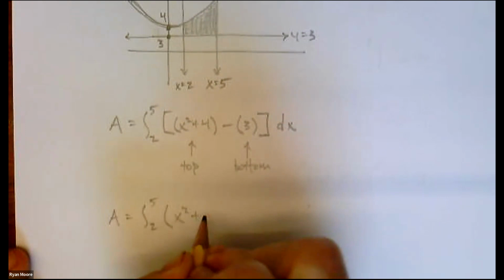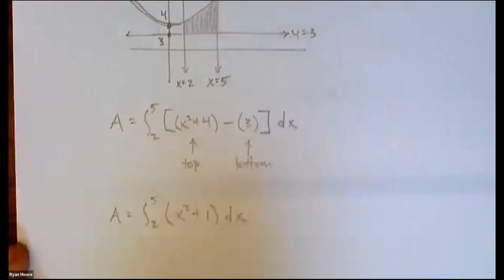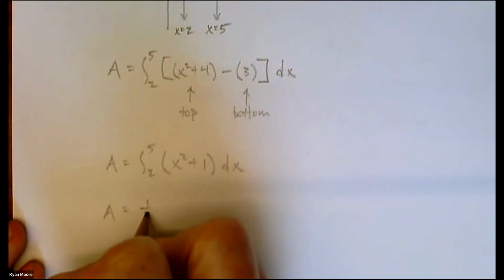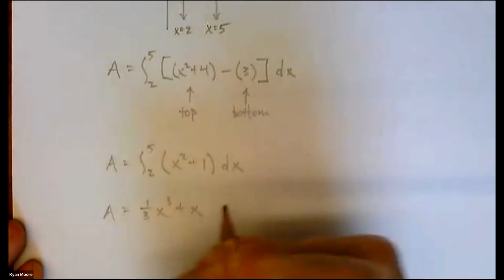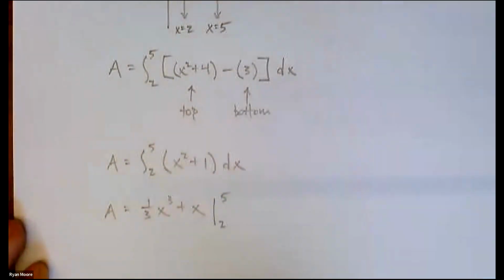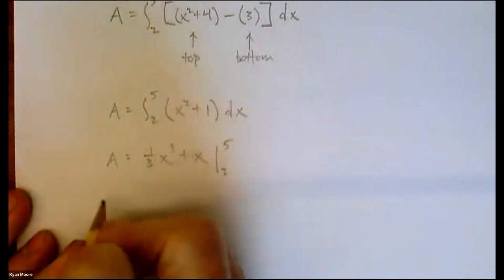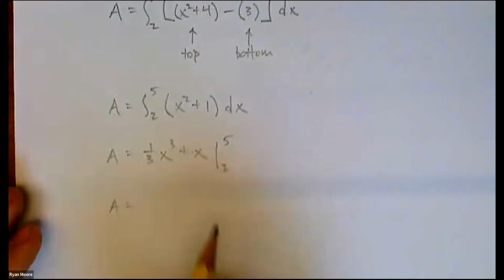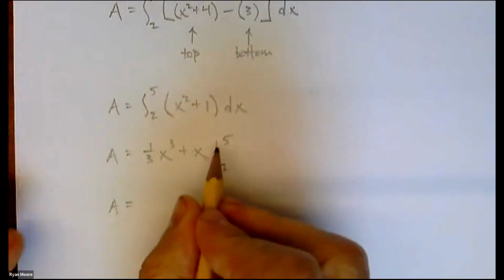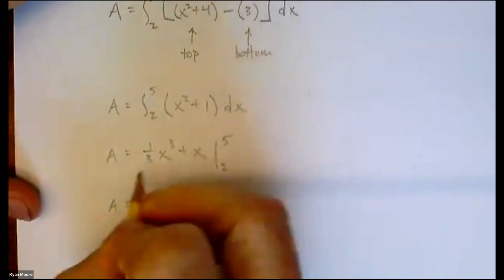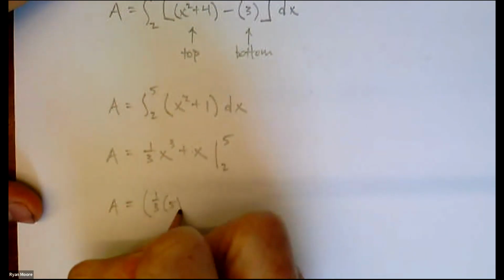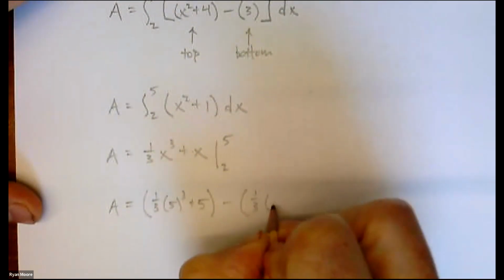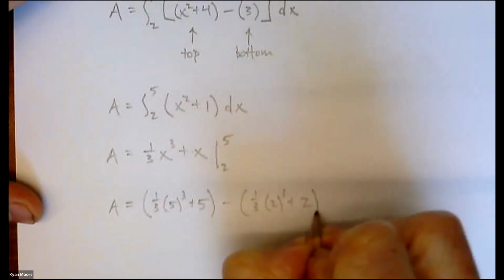This will be x squared plus 1. Then perform your antiderivatives: 1/3 x cubed plus x, evaluated from 2 to 5. And finally plug in. Simplifying it first is just going to make your life a little bit easier to get an antiderivative, maybe, and definitely easier when you go to plug in. 1/3 times 5 cubed plus 5, minus 1/3 times 2 cubed plus 2.